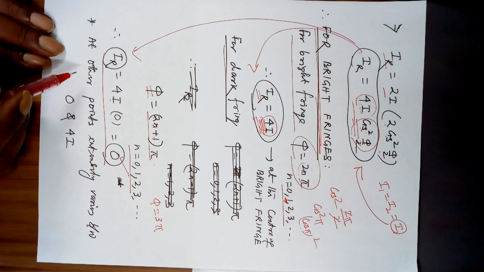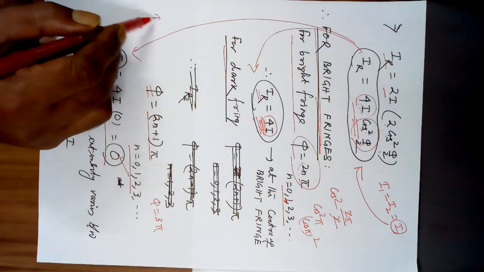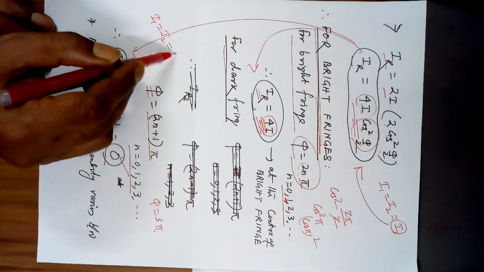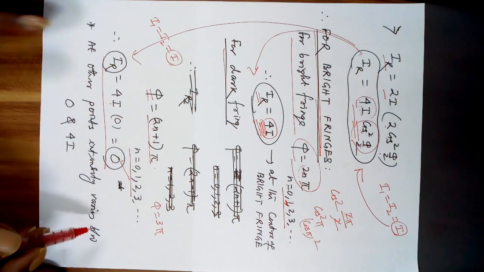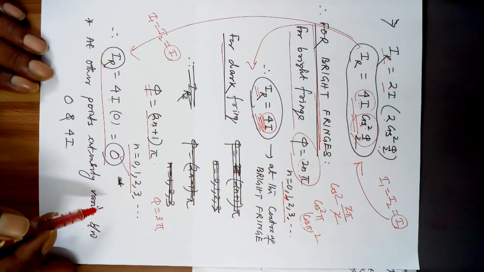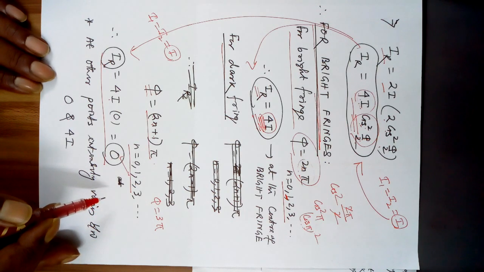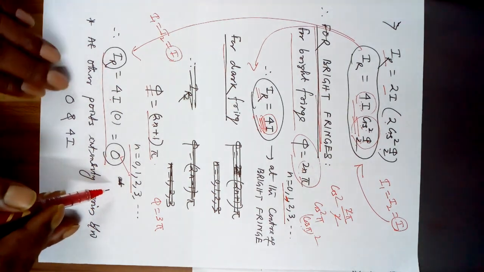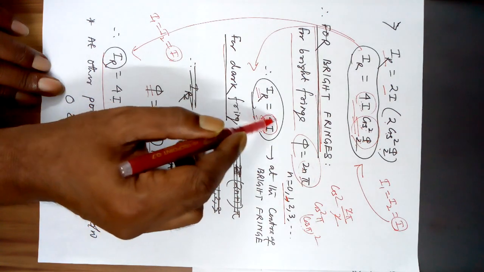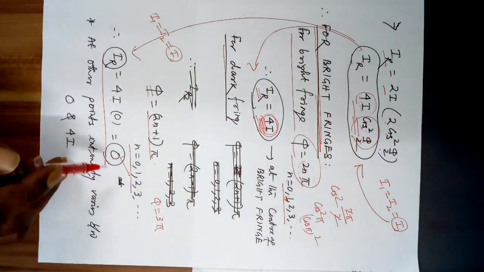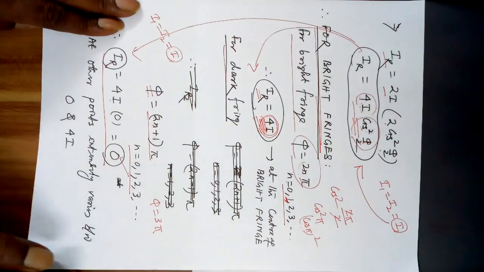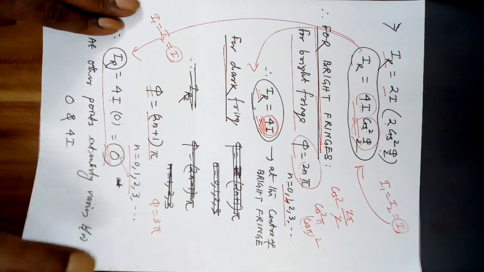So if the intensities from slit S1 and slit S2 are identical, if I1 is equal to I2 is equal to I, then the places at which maximum intensity was formed, that is constructive interference, all will have 4I intensity, and the places where minimum intensity was formed, they will have 0 intensity.